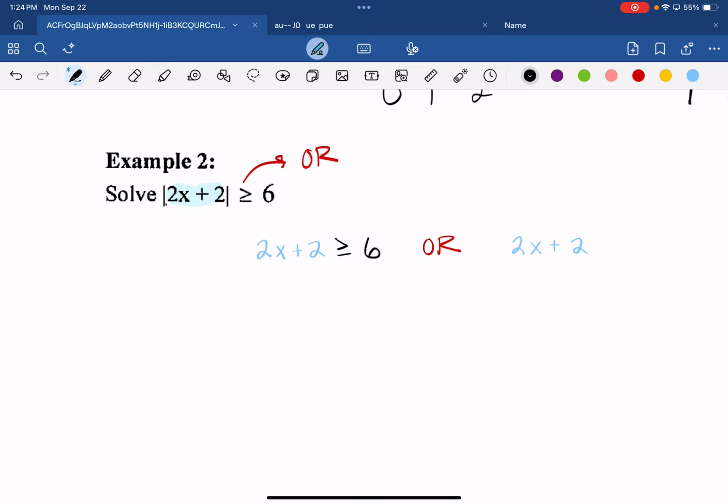The second one, however, there's two things that change. Someone give me one of the things that change. Sign changes. Good. My sign's going to flip. What's the other thing that changes? Yeah, my number's going to become a negative. So I have a negative number and my sign changes. Two different changes.